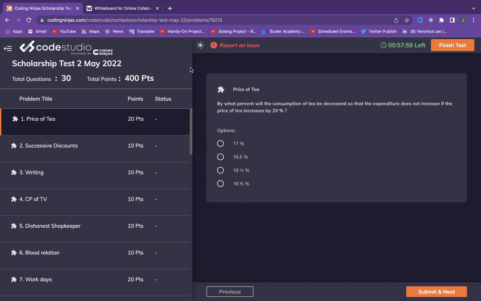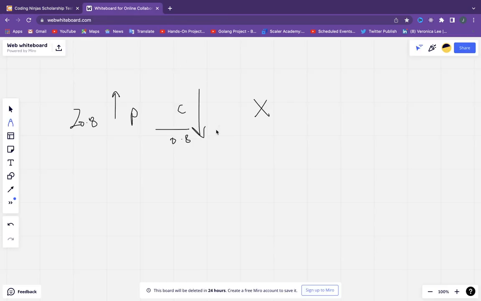So I don't know. So we can calculate C by 0.8 divided by C. That would be equal to this into 100. Right. And that would be equal to, okay.